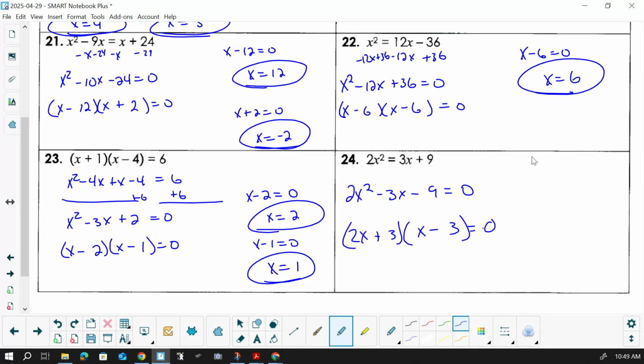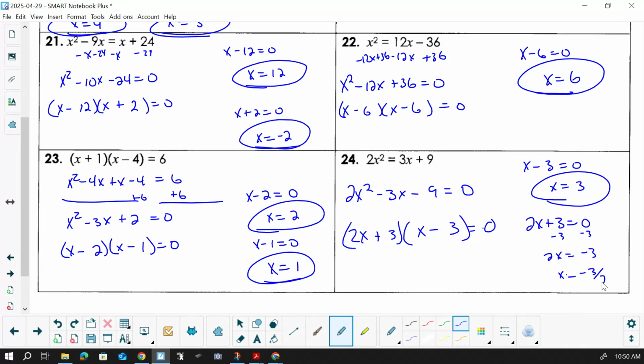All right, so now each of them equaling 0. x minus 3 equals 0 means x could equal 3. Add 3 to both sides. 2x plus 3 equals 0. Subtract the 3. 2x equals negative 3. Divide by 2, and we get x equals negative 3 halves. And we'll just leave it like that. There's all your answers to all those.